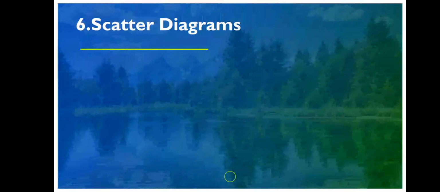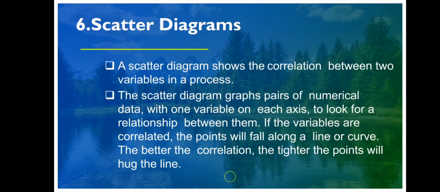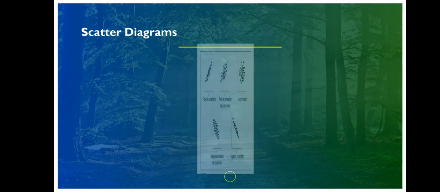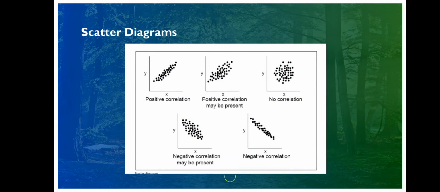And the next, sixth one, is scatter diagram. The scatter diagram shows the correlation between two variables in the process. Let's see in the diagram. In the first diagram, the plotted points are very close and go upward, so it is known as positive correlation. In the second diagram, the points have some difference and go upward, so a positive correlation may or may not be present.